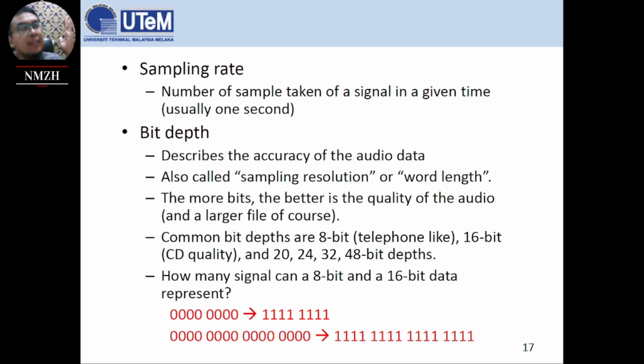by differentiating the bits. Say that we have 2-bit data in the y-axis. 2-bit data means 2 power 2, which is 4. We have only 4 values to describe our amplitude data: 00, 01, 10, 11, right? Now imagine that we have 3-bit data. 2 power 3 is 8, right? So 000 until 111.